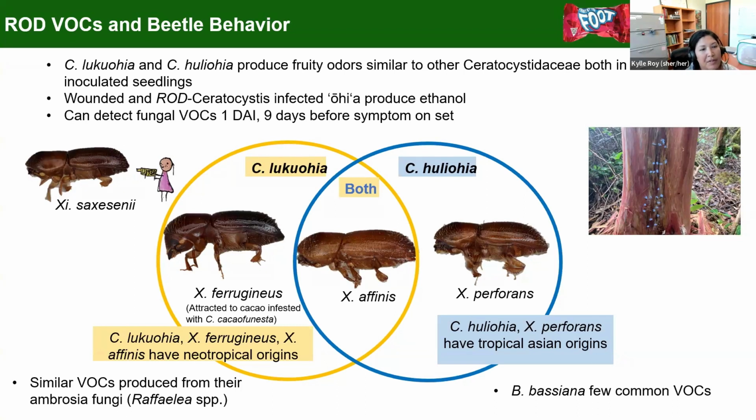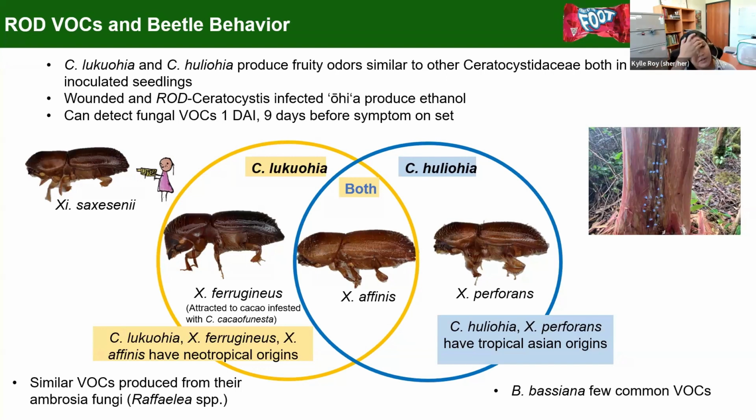We were able to find the same compounds both in culture and in inoculated ʻŌhiʻa seedlings. Something that was a cool finding was that when the ʻŌhiʻa were wounded, as in the wounded controls, we were able to detect that ethanol scent that we had been hypothesizing was bringing in the ambrosia beetles.